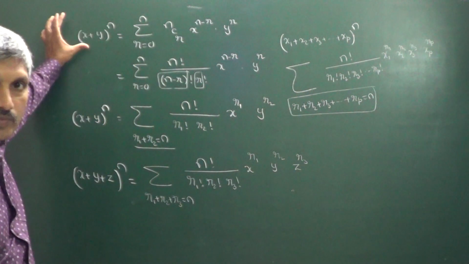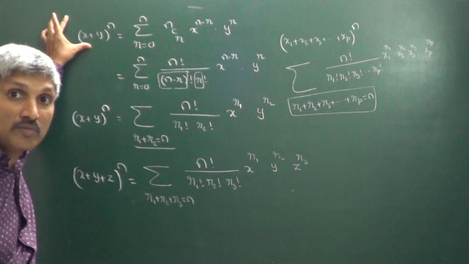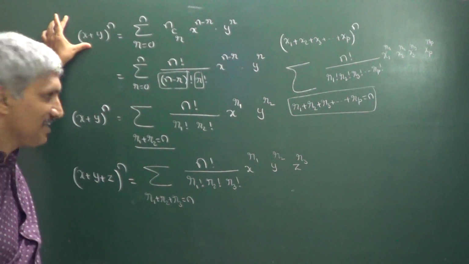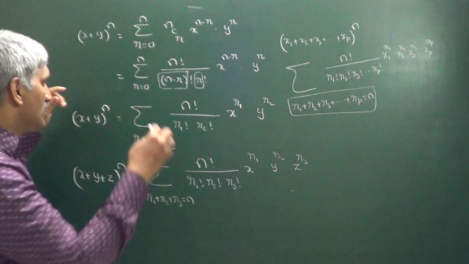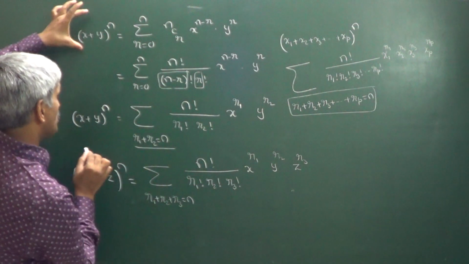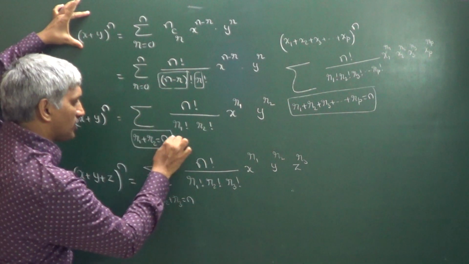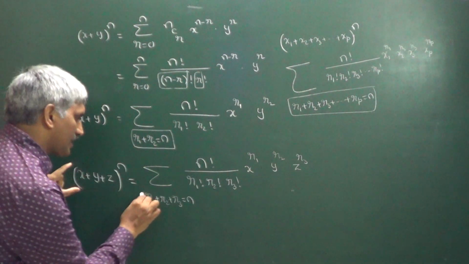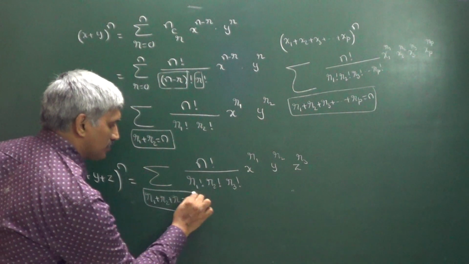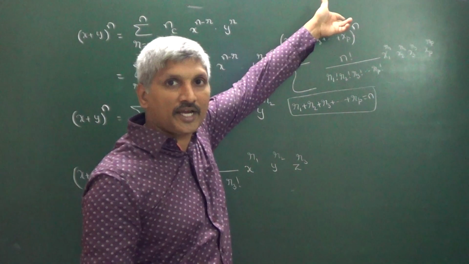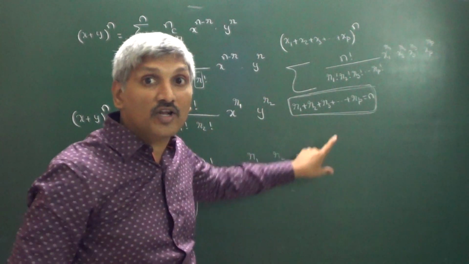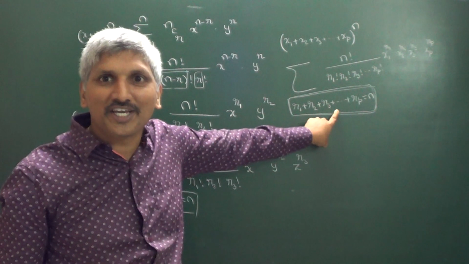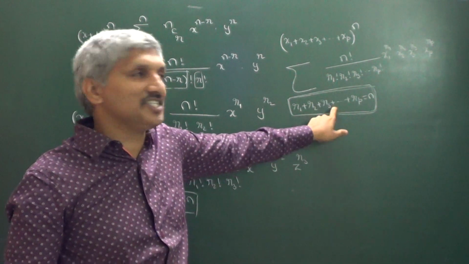Sir, in this expansion I know the number of terms is equal to n + 1. But what about the number of terms in the other expansions? The number of terms in this expansion is nothing but the number of non-negative integral solutions for this equation.